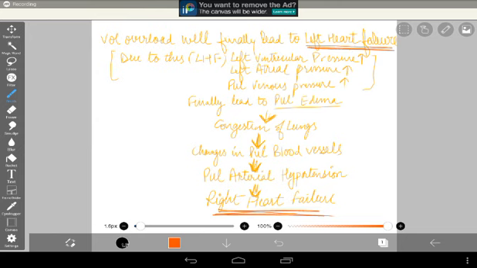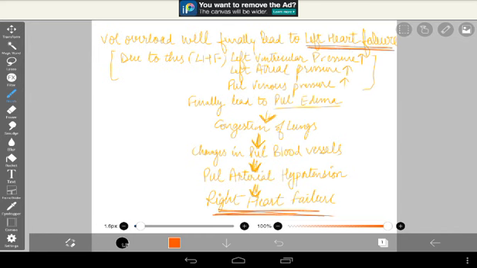Now, the changes that have occurred so far are volume overload in the left atrium as well as in the left ventricle.